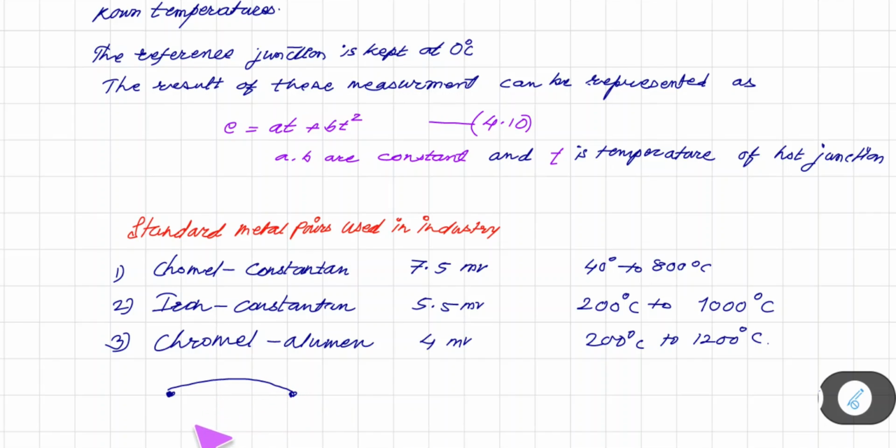So that is what the potential gradient is, and because both legs of dissimilar metal experience the same temperature gradient, the end result is a measure of the difference in temperature between the thermocouple junction and the reference junction.